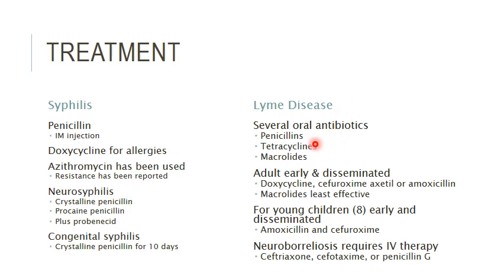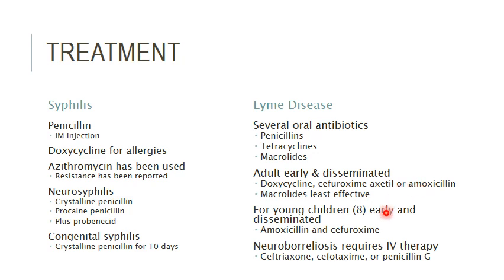There are several oral antibiotics that can be used: penicillins, tetracyclines, macrolides. For most adults, you're going to start with doxycycline, okay? Although cefuroxime and amoxicillin have also been used. The macrolides are the least effective against it, so it's not suggested. And this would be for when you see that rash, or if you're seeing multiple rashes that's disseminated already, doxycycline, minimum of a month, okay?